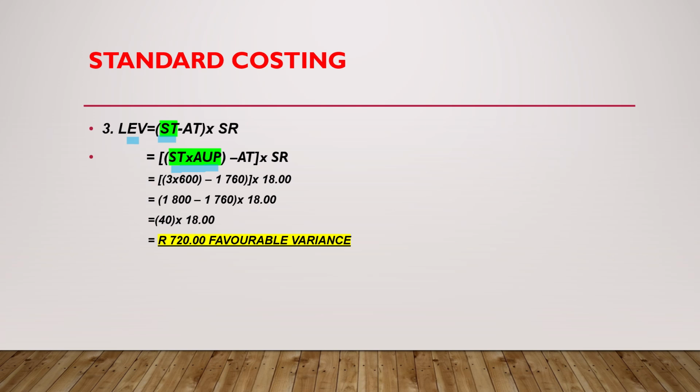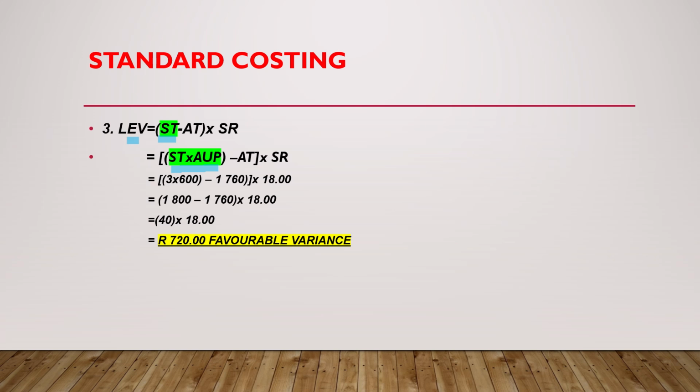For instance, here management planned that workers would produce these 600 units in 1,800 hours, but they actually worked less, 1,760, saving 40 hours. That is favorable for the company, and those 40 hours can be used to do something else.